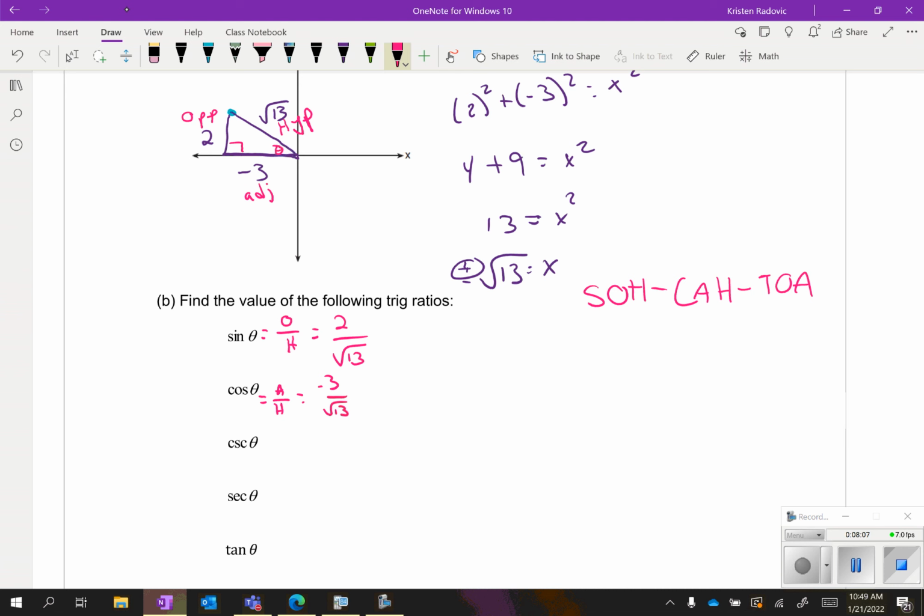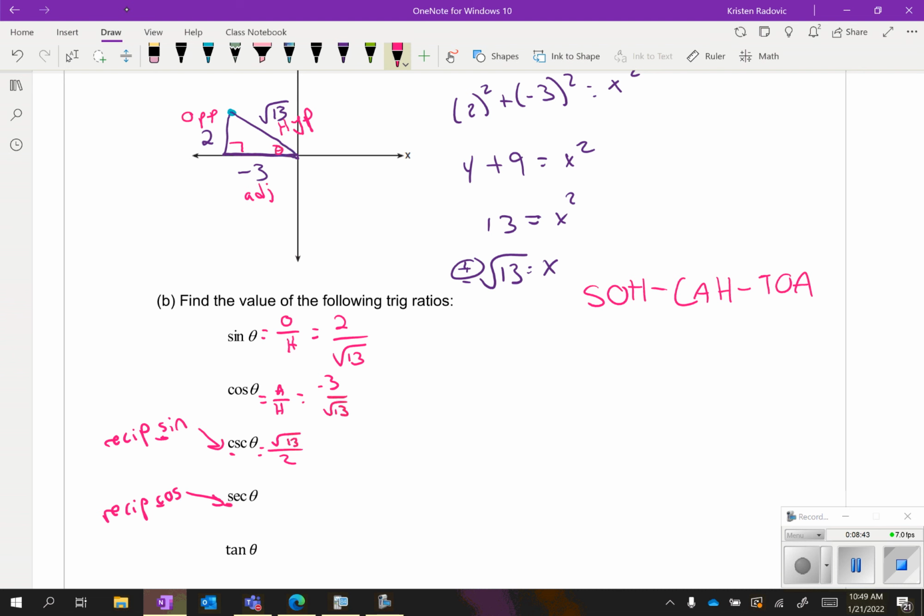When they're asking for cosecant, cosecant is the reciprocal of sine. Remember, a C has to pair with an S. We already have sine above. So if sine was 2 over radical 13, then cosecant is radical 13 over 2. Secant, the S pairs with the C in cosine, and we already have cosine.